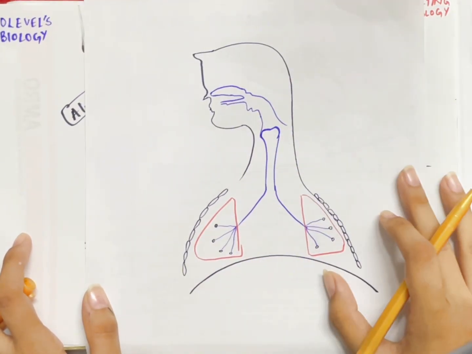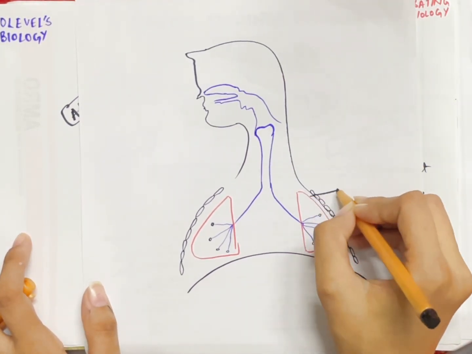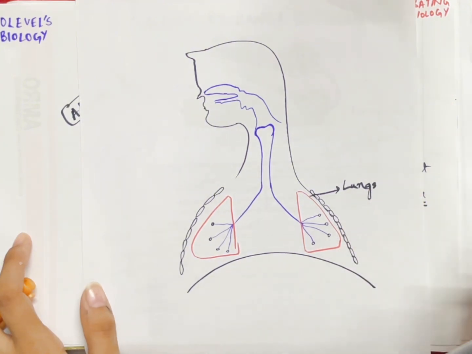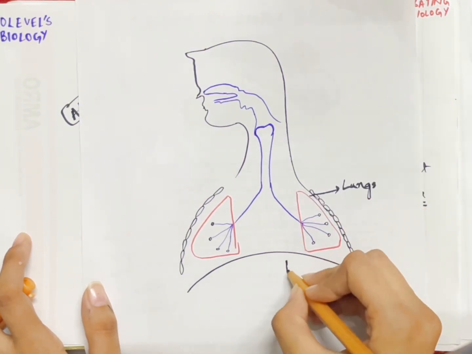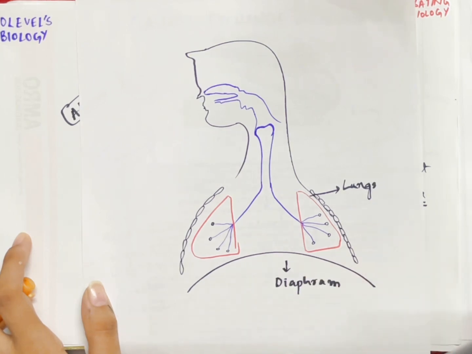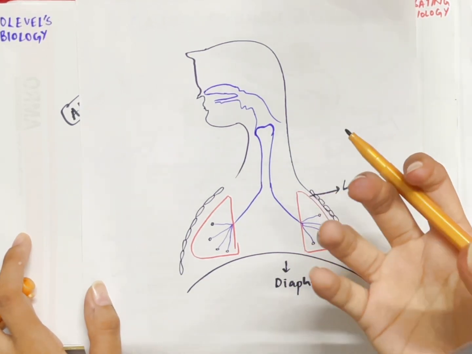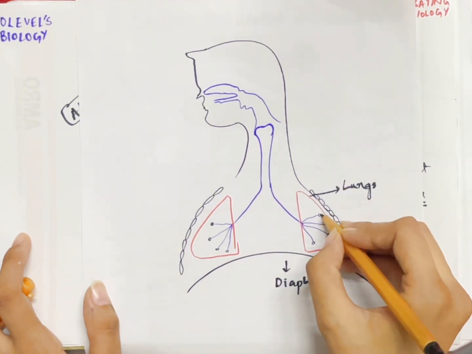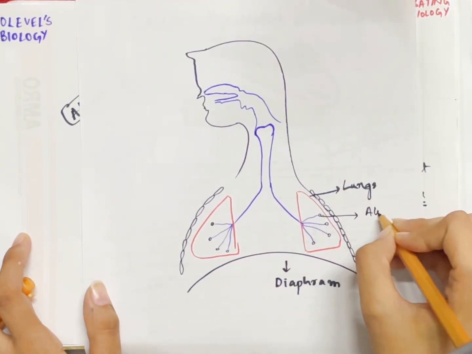This is the internal structure of a human being, where you majorly need to identify the lungs. It consists of two lungs. Beneath the lungs we have a diaphragm, which is a muscular layer that contracts and relaxes and allows gaseous exchange to take place. Here the small air sacs are known as the alveoli.